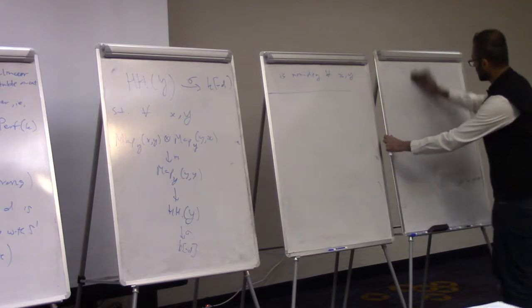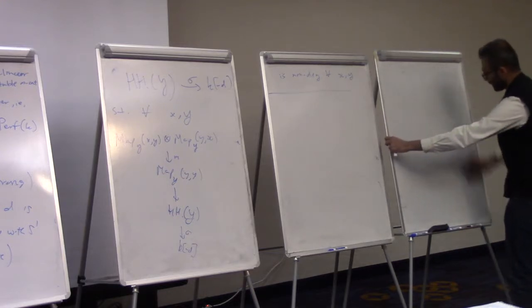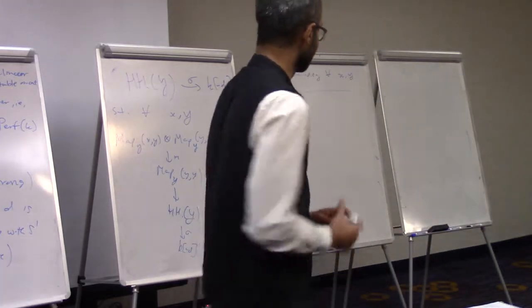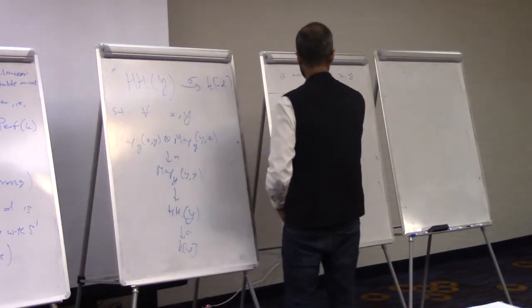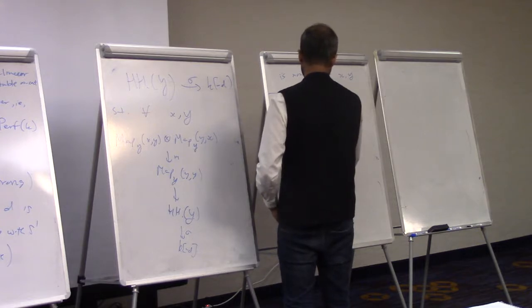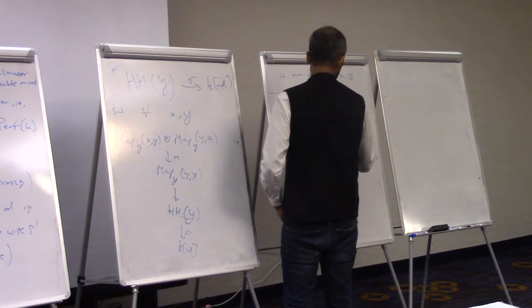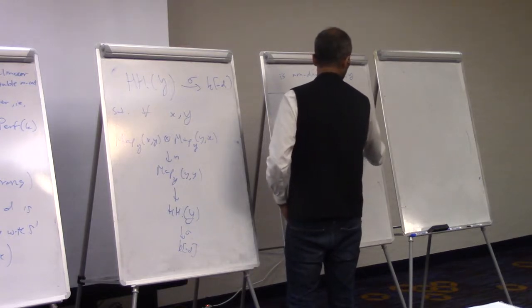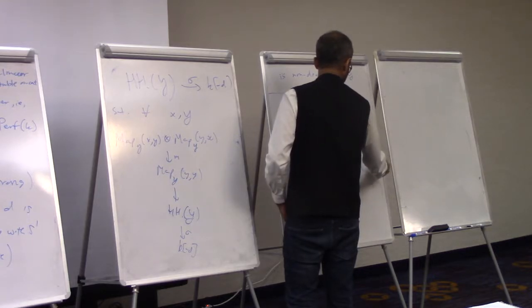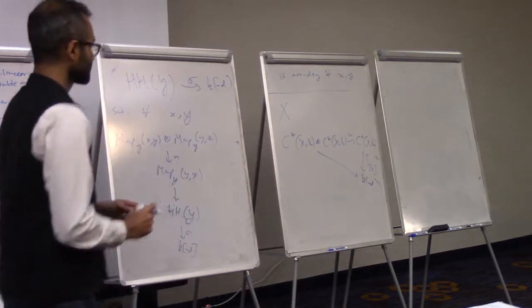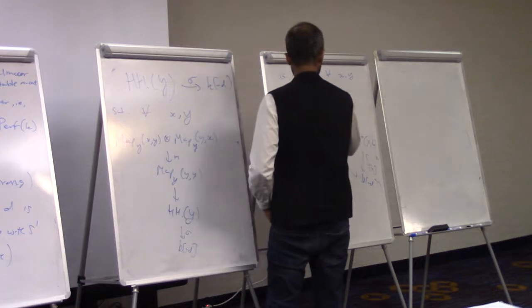Now I want to define what a relative Calabi-Yau structure is. All of this stuff should have reminded you of Poincaré duality, in the sense that if I have X a compact manifold, I can look at a cup product composed with integration against the fundamental class. If X is a closed manifold, you have this story.